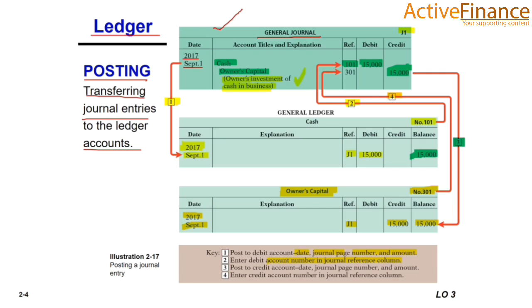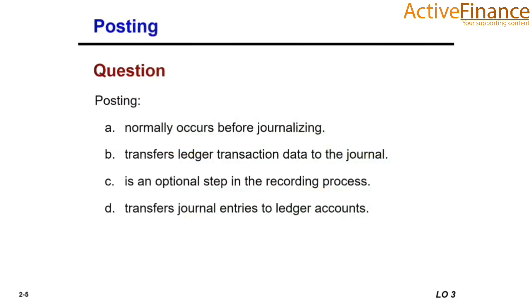In the coming slide there are the tasks that we have to perform, and I hope after this learning objective you will be able to do the posting of entries from general journal to general ledger. This is the question involved in our learning, to check how much we have understood previously. So what is posting? As we recently learned, you will say that the transfer of general entries to the general accounts is posting.